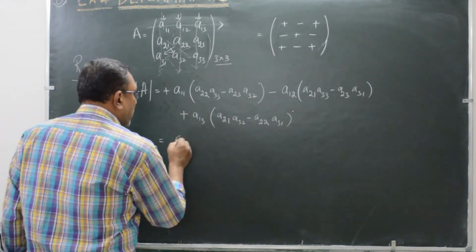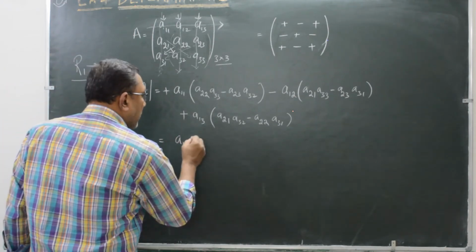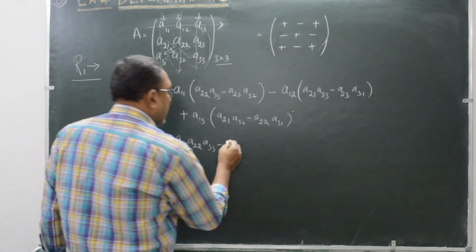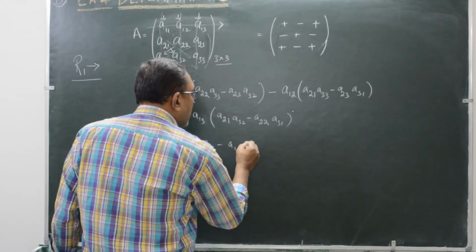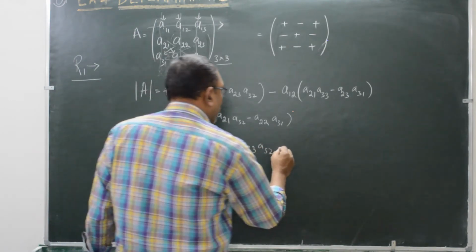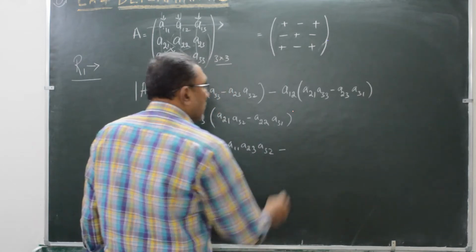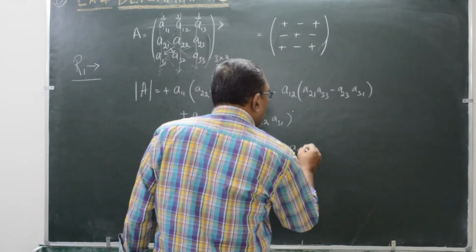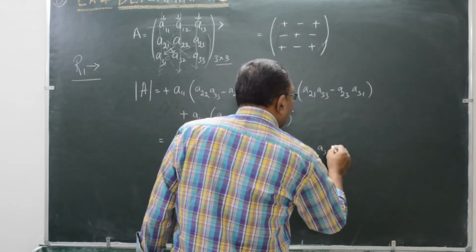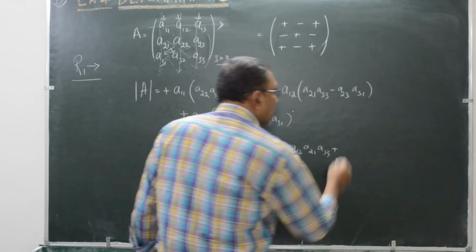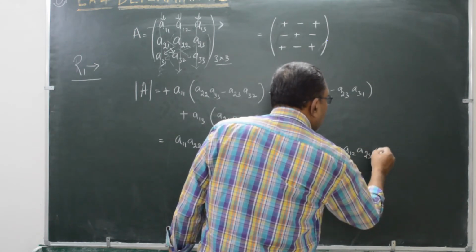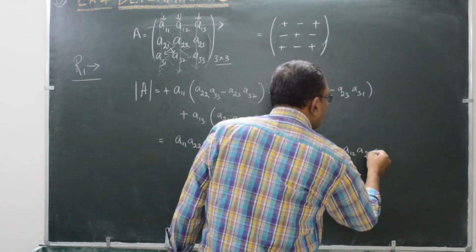Then it will be A11, A22, A33 minus A11, A23, A32 minus A12, A21, A33 plus A12, A23, A31.